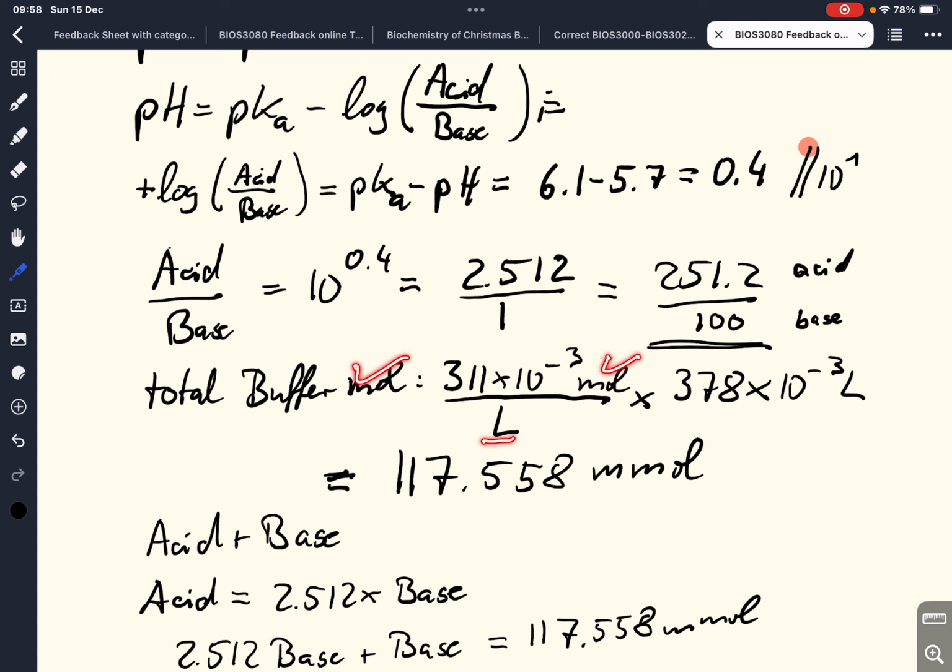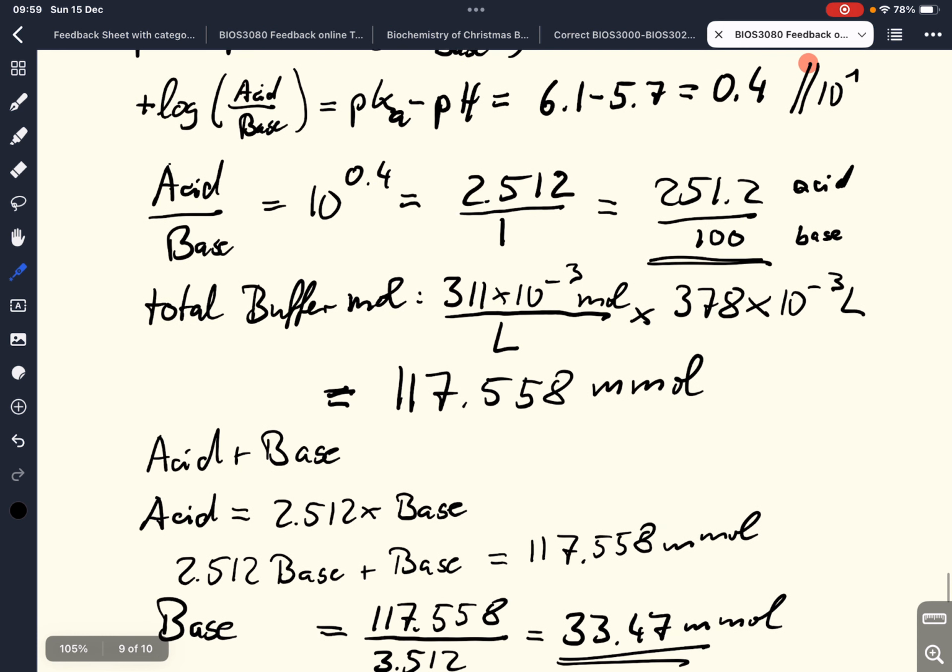Now we need to get rid of the liter. So we multiply that with our volume, which was 378 milliliter. The liter cancels out, and all we need to do is put that into a calculator. I leave it not as mole but as millimole, which makes life a little bit easier later on.